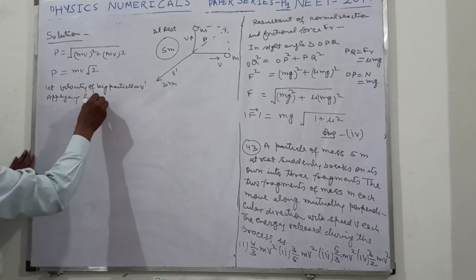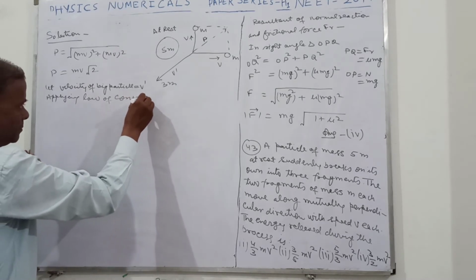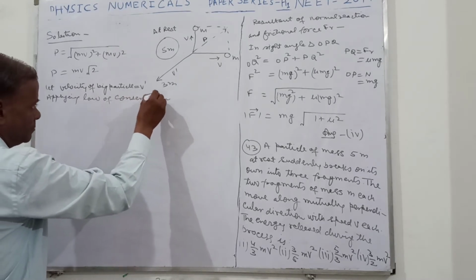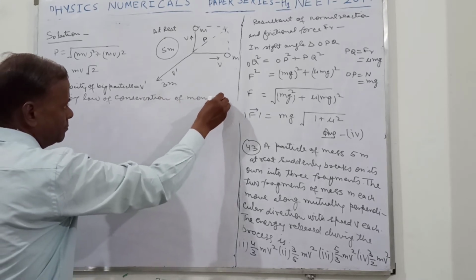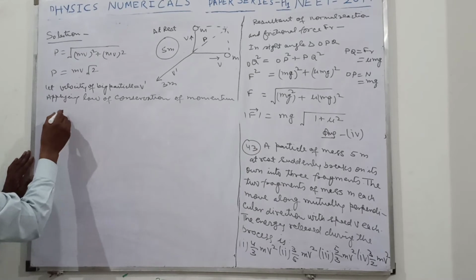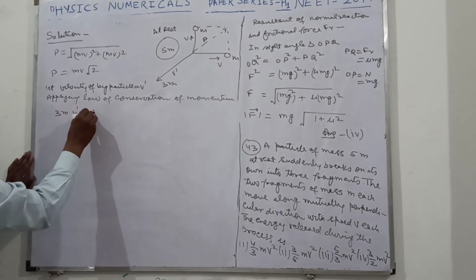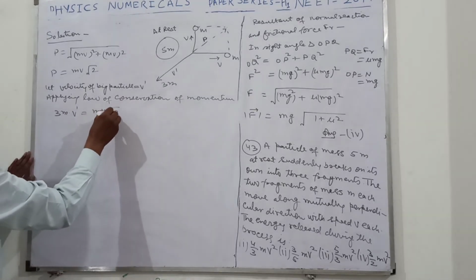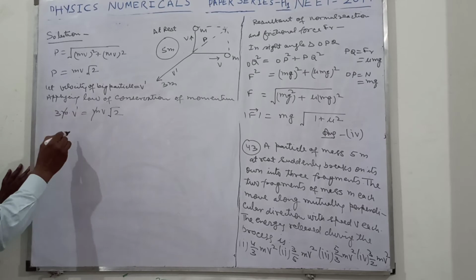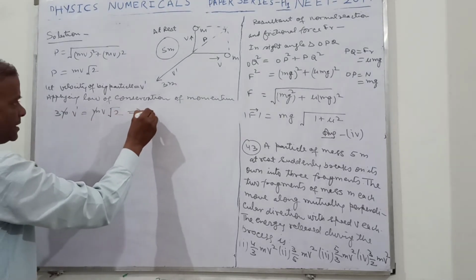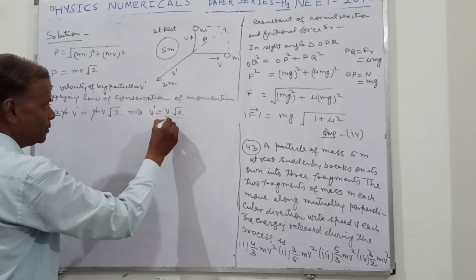Applying the law of conservation of momentum, 3m into v dash equals mv root 2. So this m and m will cancel, and from here we find that v dash equals v root 2 upon 3.